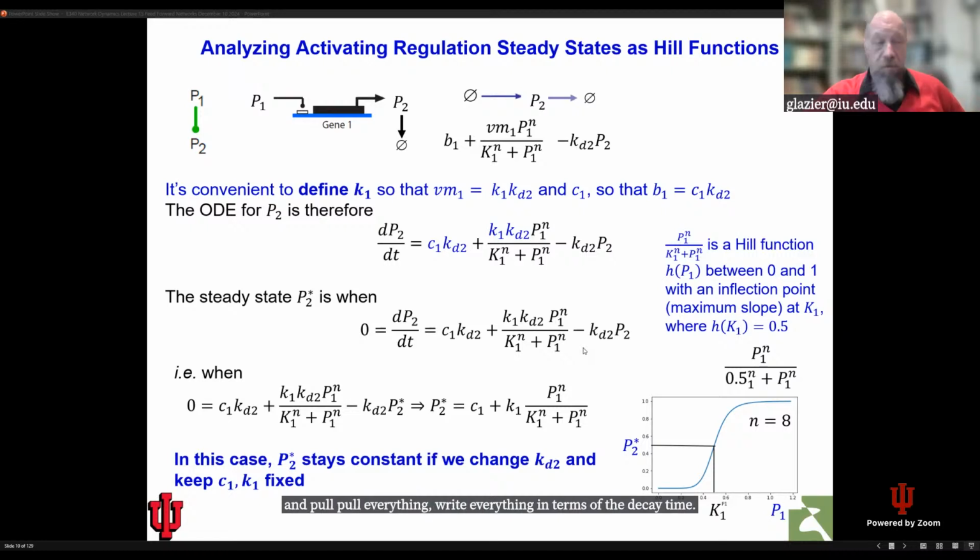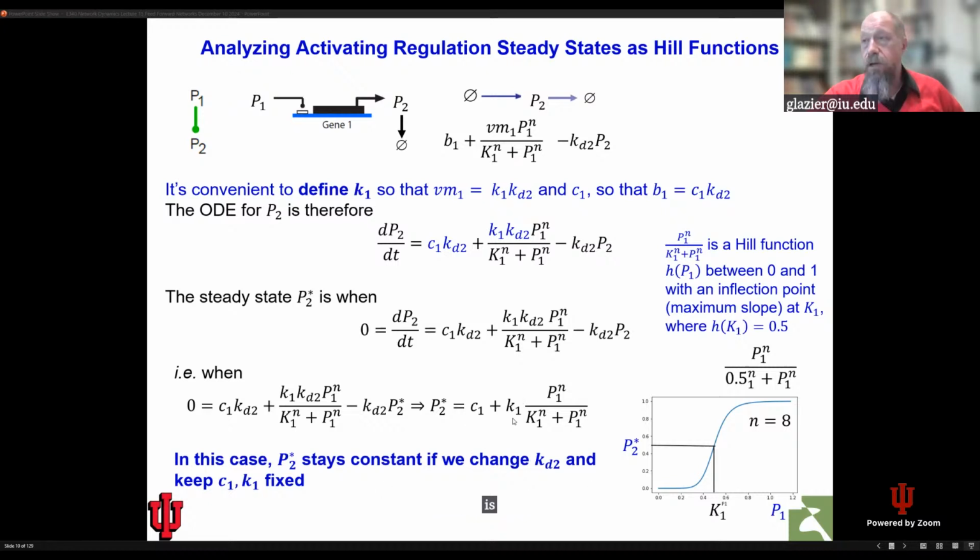And that makes things a little bit easier to do the analysis. The steady state, then, when you write it that way, is just the basal production rate plus the production rate times the Hill function. The advantage of writing it this way is if I change the decay rate, the steady state doesn't change.